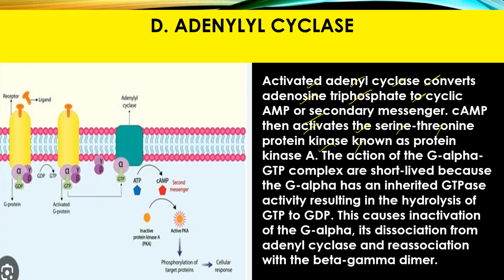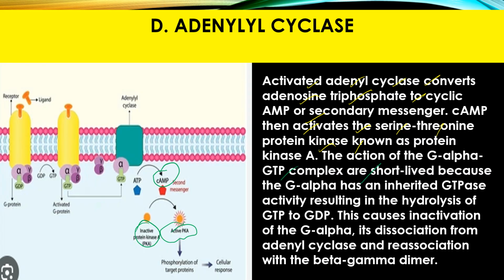As I have already told you, after the formation of cyclic AMP, it activates the protein kinase A enzyme, which is also known as serine threonine kinase, because it attaches a phosphate group to a threonine or a serine group. So now the inactive PKA will be converted into active PKA.